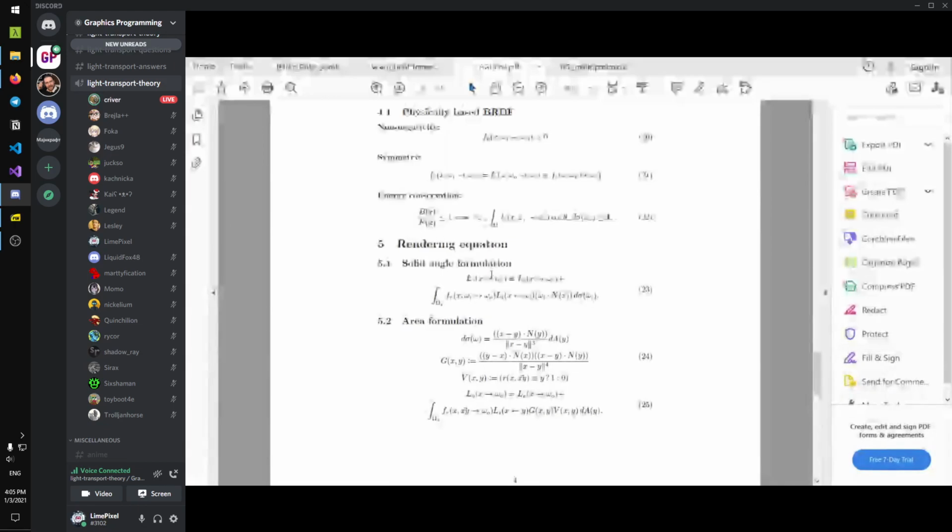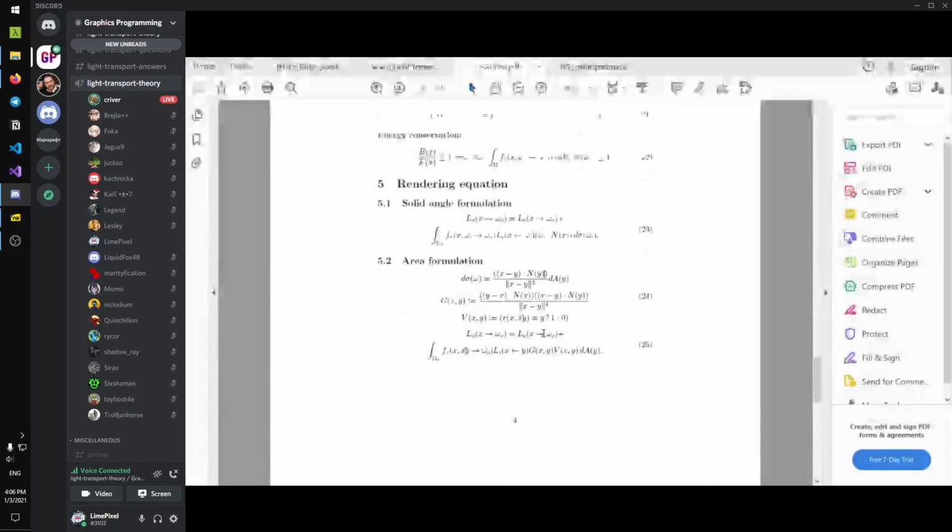So then you would get a recursive integral. So it's an integral where what you're looking for, this function, shows up also within the integral. We'll see how to solve this in the third chapter.